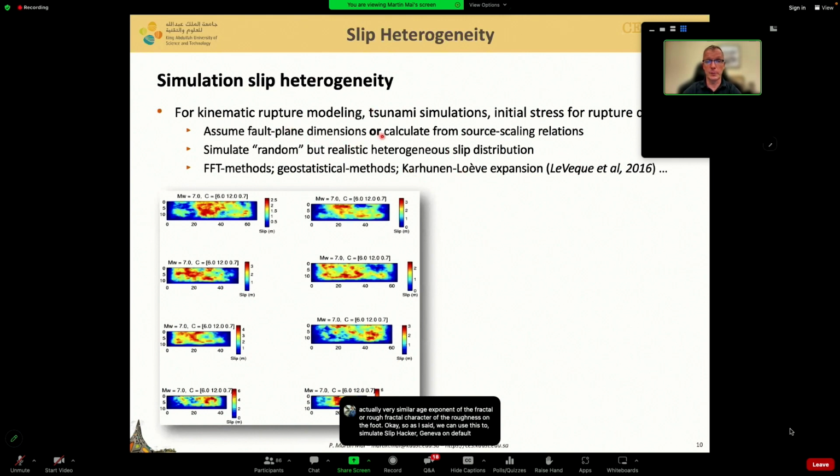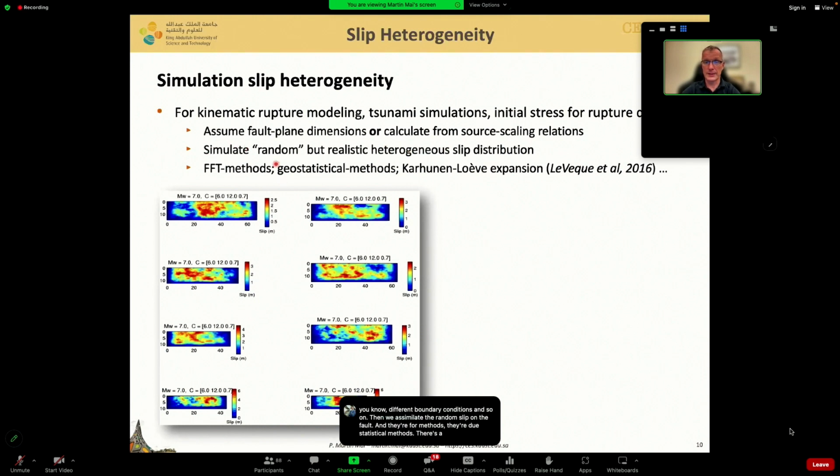Typically, we assume a fault plane. I would always advocate that you calculate the fault plane using source scaling relations, as shown on the left for a magnitude 7 earthquake. The fault dimensions are not identical because they can change based on different boundary conditions and so on. Then we simulate the random slip on the fault, and there are Fourier methods, there are geostatistical methods.